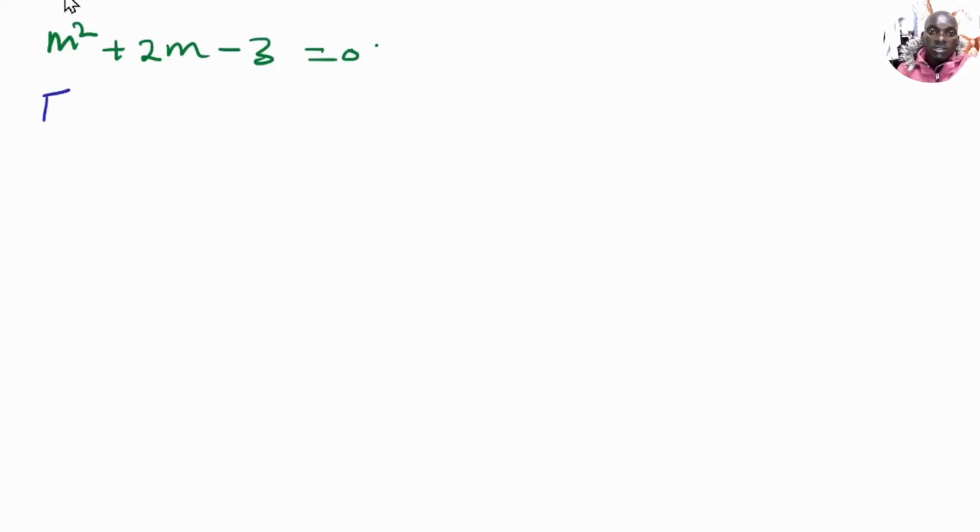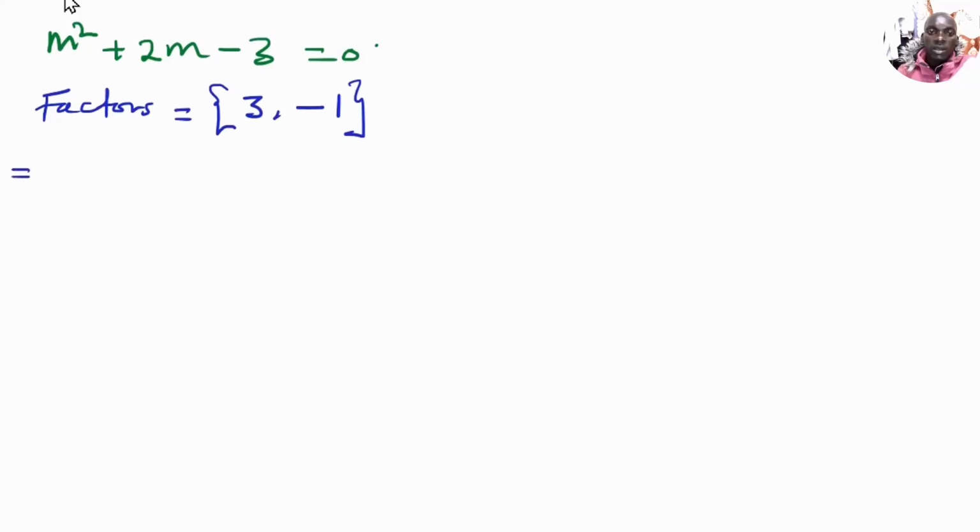What are those values? We are calling them factors. So the factors, I can see, are 3 and negative 1. We can prove this. 3 plus negative 1 gives 2, which is the sum. And 3 multiplied by negative 1 gives negative 3, which is the product of the factors.